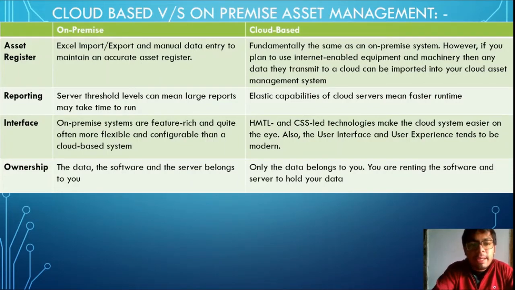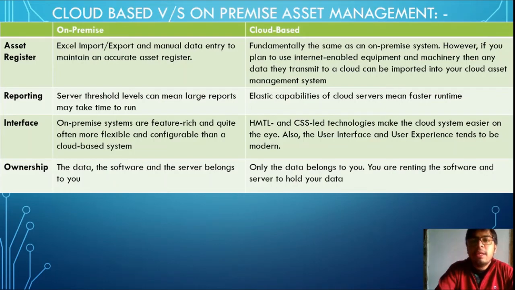Now there is a basic difference between on-premises and cloud-based computing, so cloud-based asset management and on-premise asset management. First I will tell you about on-premise asset management.